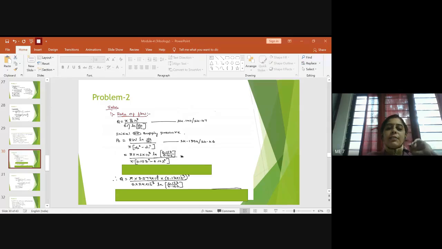Everyone has to calculate. Please write down the equation, check what data is being given, substitute it, convert that in terms of meters, don't forget, and then calculate and let me know what supply pressure we get.